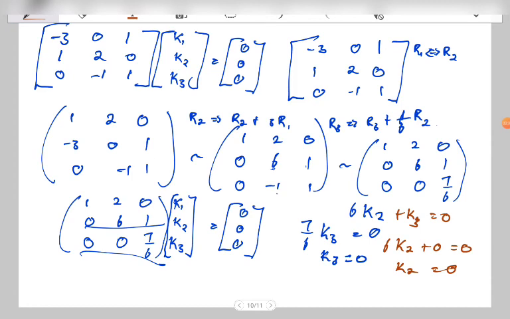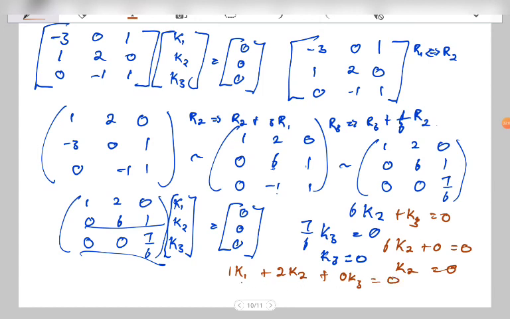Okay, so you come back, if you got 0 here, and then you come back for the first one. So for the first one, you have 1 k1 plus 2 k2 plus 0 k3 is equal to 0. So you have that k2 is 0. So already k1 is going to give you 0.